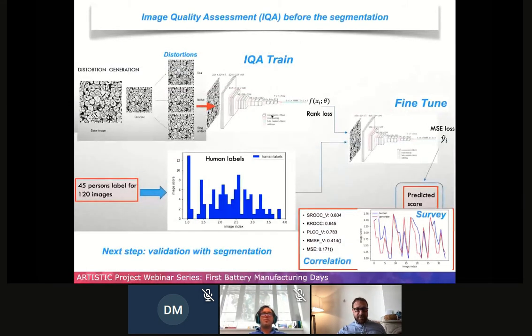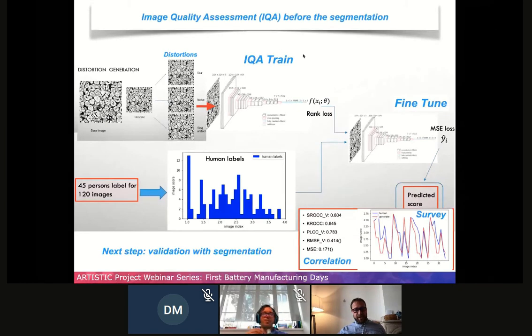So here is the strategy we use. We start with the image. We induce some distortion to the image: a blur, a noise, and the ring artifact. These are the three main distortions we have in tomography images.